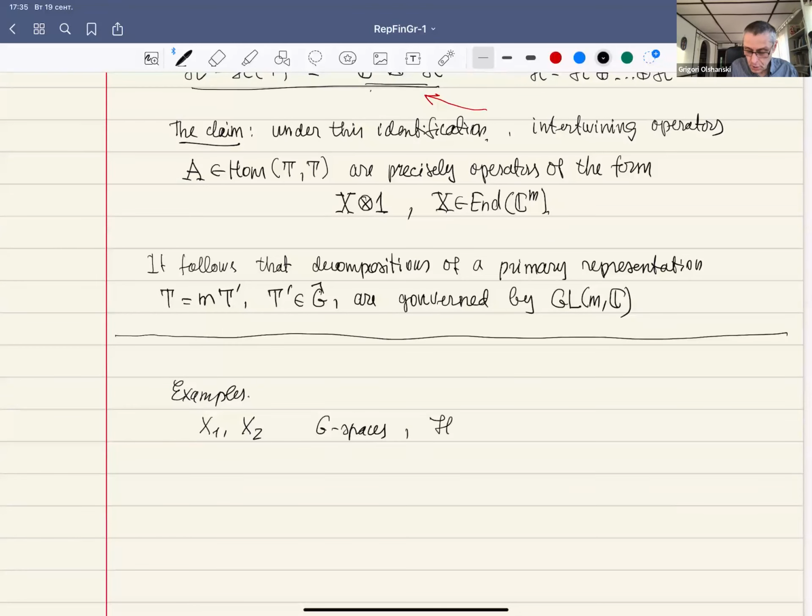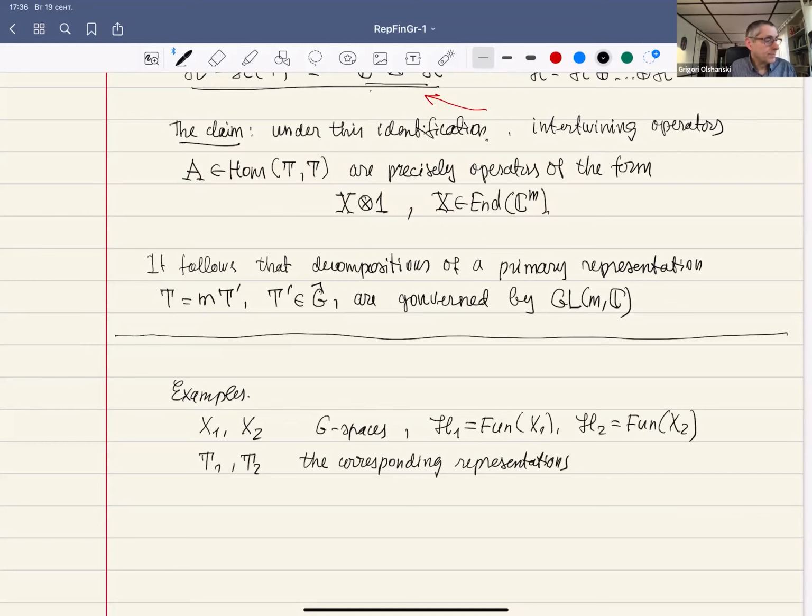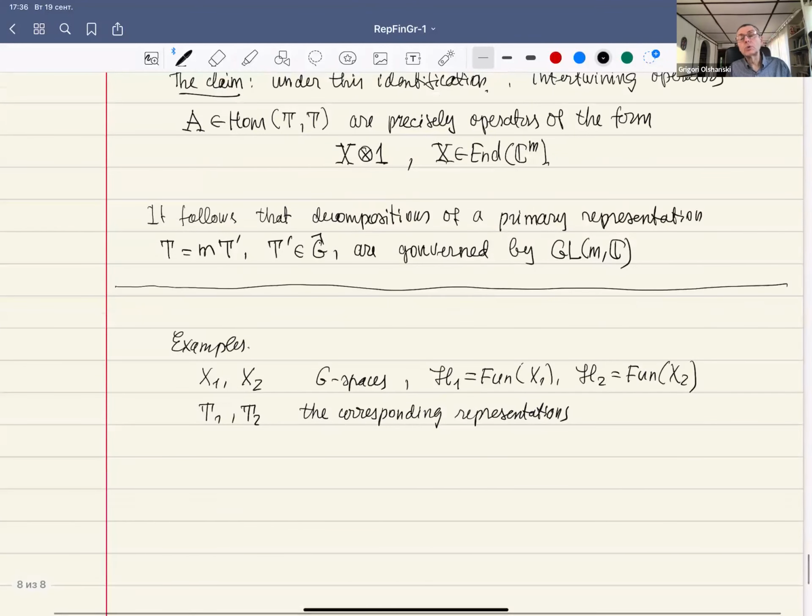And take H1, the space of functions on X1, H2, the space of functions on X2, and T1 and T2, the corresponding representations on these spaces, and how to compute the intertwining numbers.